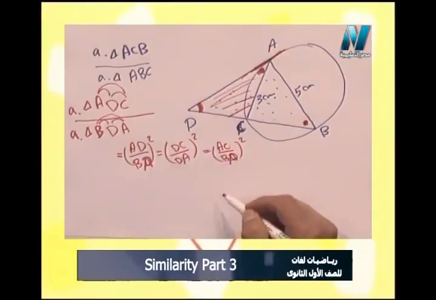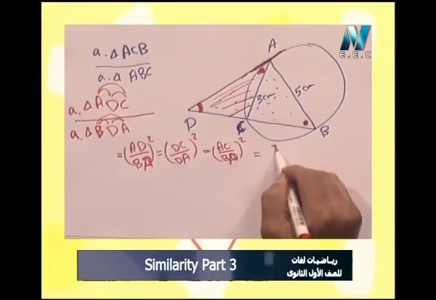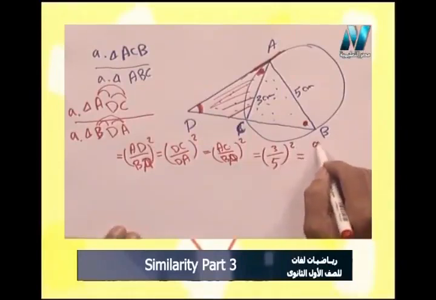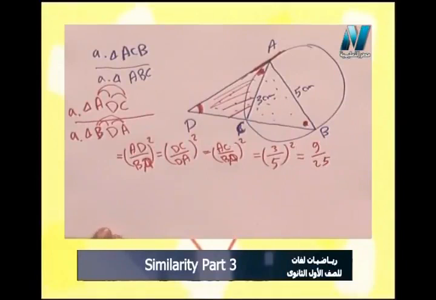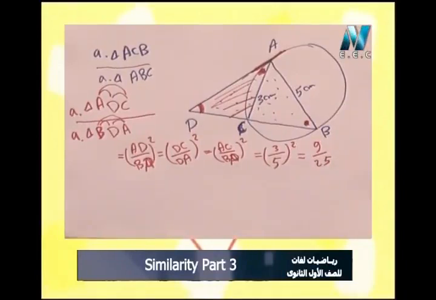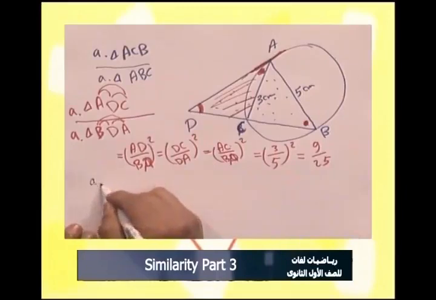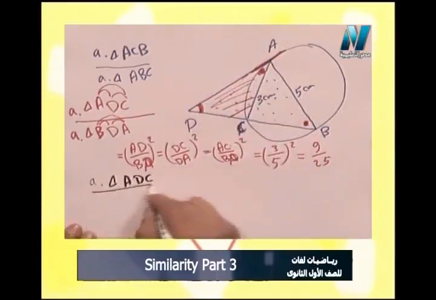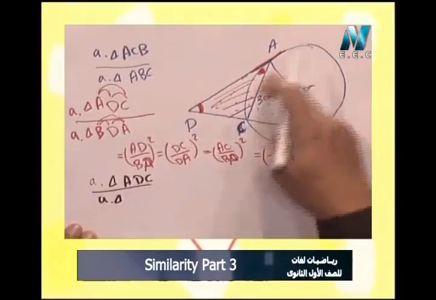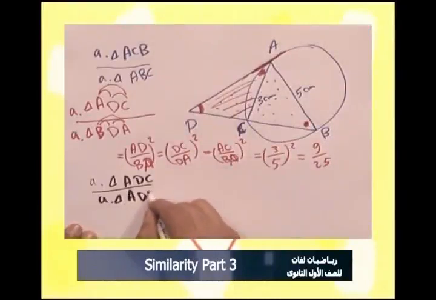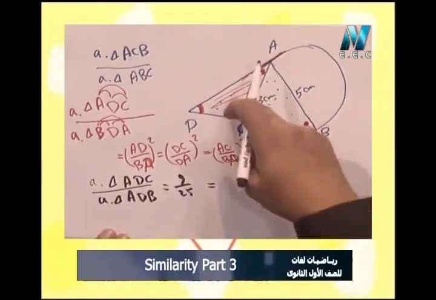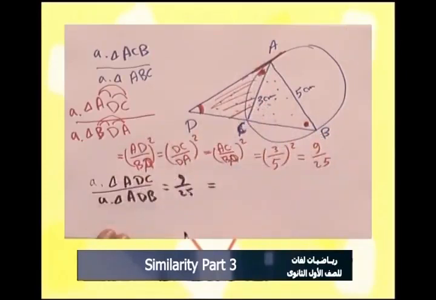So we have 3 over 5, and we write power 2 here, and the answer will be 9 over 25. This is the ratio between the area of triangle ADC and the area of triangle ADB equals 9 over 25.